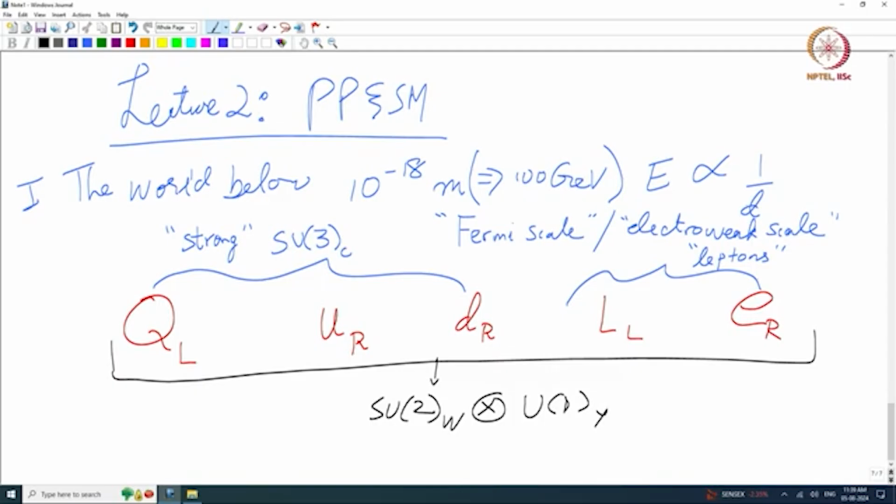Further, not all of these are actually charged under that SU2, okay. Only the ones that I wrote in capital letters, right. So, only the QL, which can be further written down as a doublet, right, and the LL field, which also can be written down as a doublet, okay.